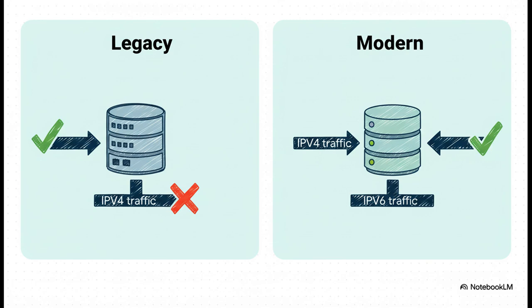All right, take a look at this. The difference is actually incredibly simple, but it's fundamental. The IPv4 endpoint, you can think of it as the legacy, old-school option. It only understands traffic coming from IPv4 addresses. But the dual-stack endpoint, it's bilingual. It speaks both languages fluently, handling requests from both IPv4 and the newer IPv6 addresses without breaking a sweat.